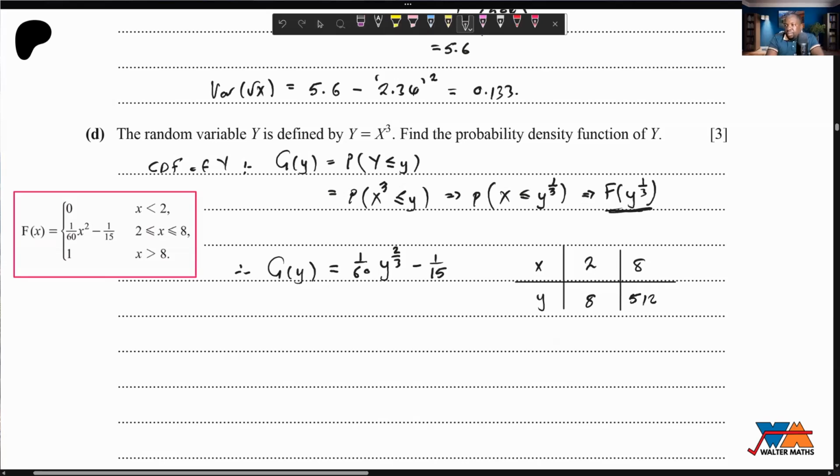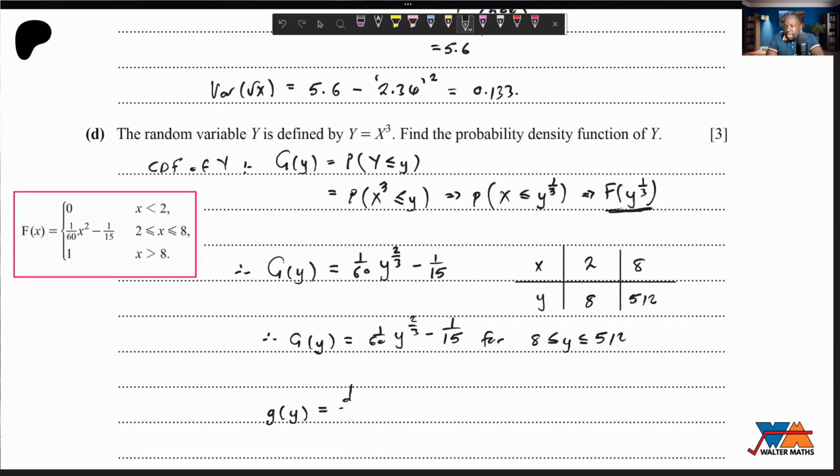All right, so we are therefore saying that G of y is equal to 1 over 60 of y to the power of 2/3 minus 1 over 15, and this is for values from 8 to 512. So to find the PDF of y, which is small g of y, we'll therefore differentiate.